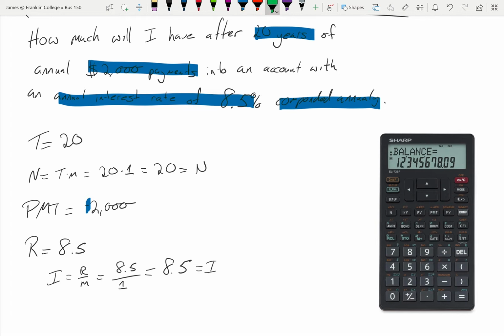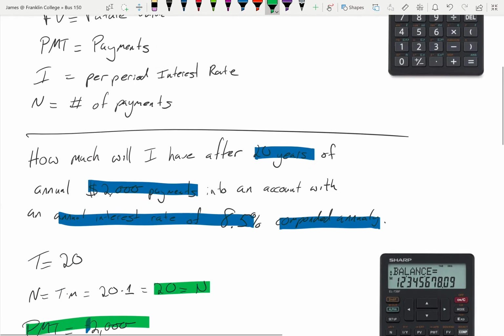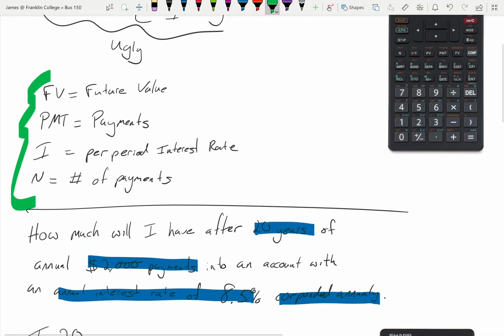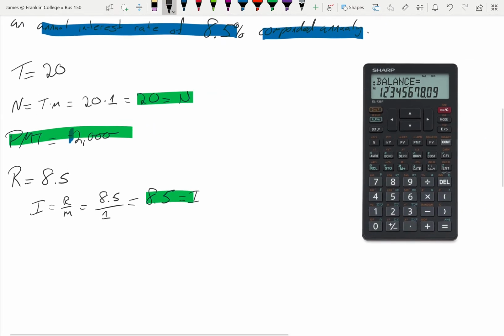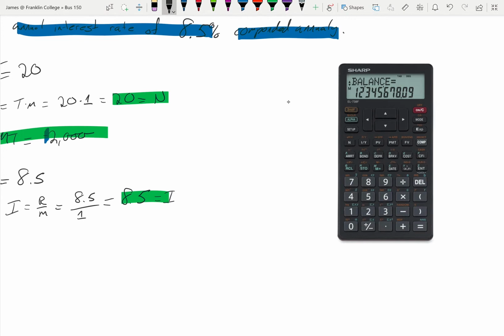So let's look at this. We have our N, we have our PMT, and we have 8.5 equals I. We have 3 of the 4 from up here, and that's what we typically are looking for. We typically obtain 3 of the 4 bits of information of these 4 variables, and then we are going to be able to solve for the 4th given that we have 3. Alright, so we can plug in 20 for N. We can plug in negative 2,000 for PMT.